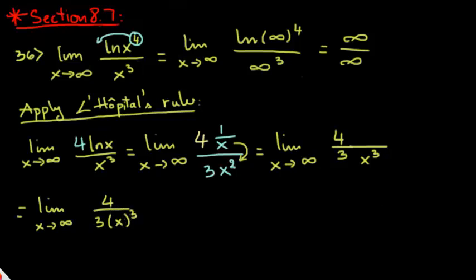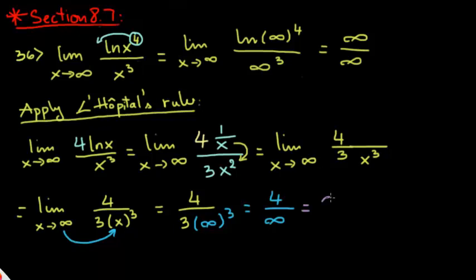Then I substitute x by positive infinity. That gives me 4 over 3 times infinity raised to the third power. So that will be 4 over positive infinity, which is equal to 0.